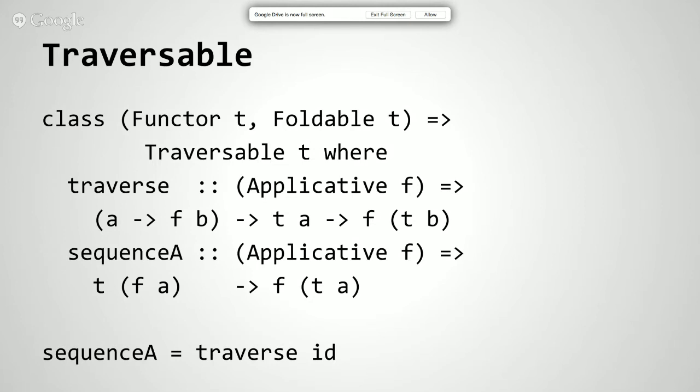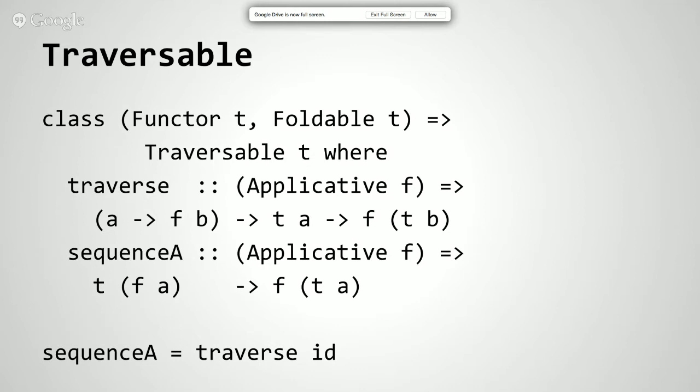Traversable has this funny looking type signature. A traverse takes a function a arrow f b, and f is an applicative. If you recall in the Kleisli arrow interpretation, that is an f-effectful function mapping a's to b's.